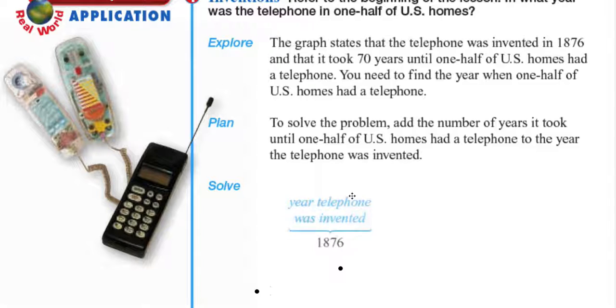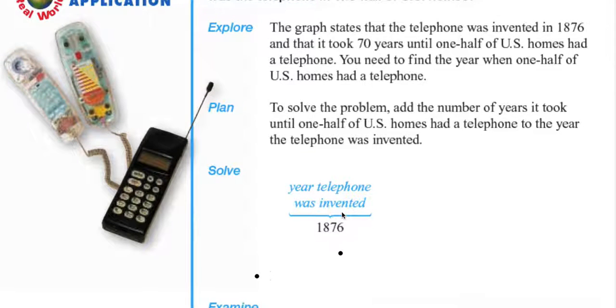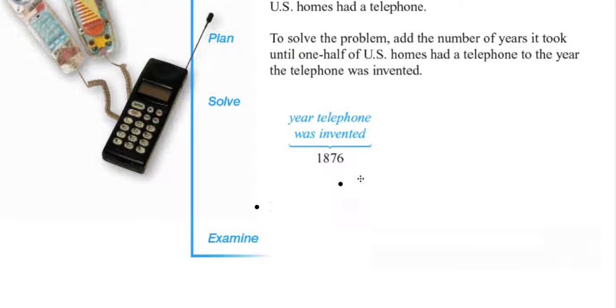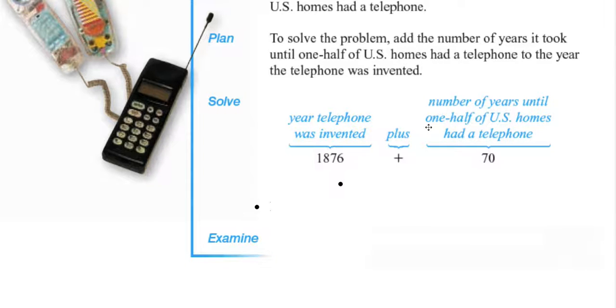So, we know that the year the telephone was invented was 1876. And we add the number of years until one half of U.S. homes had a telephone, which is 70. This brings us to 1876 plus 70, which gives us 1946.